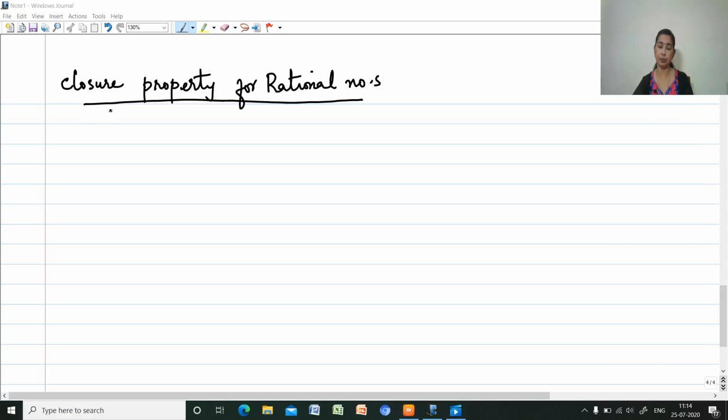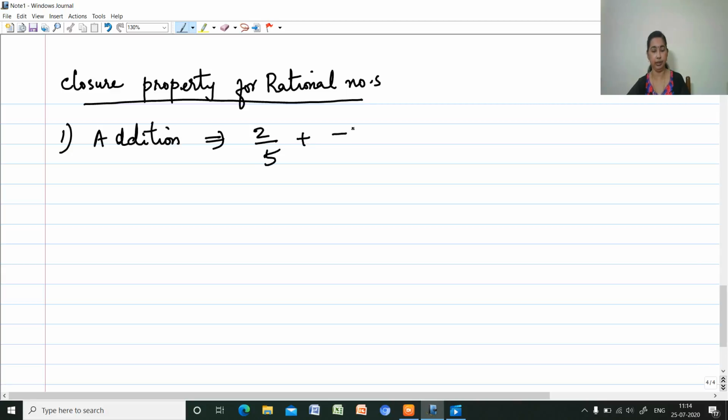Now we'll check the closure property and also the commutative property for rational numbers. First we'll move on to the closure property for rational numbers. When checking, first we are taking addition. What about addition of two rational numbers? We'll consider two rational numbers, let it be 2 by 5 and another one minus 3 by 4.